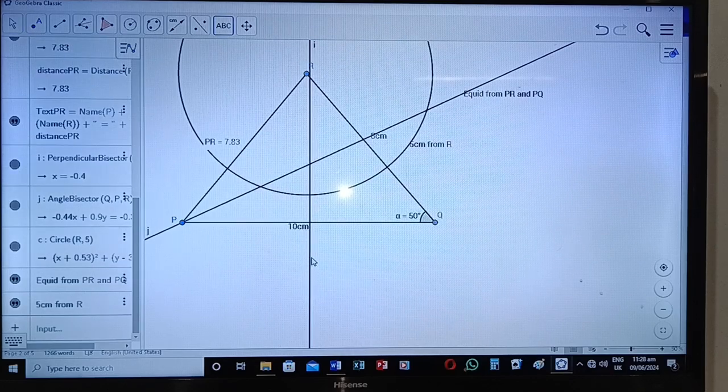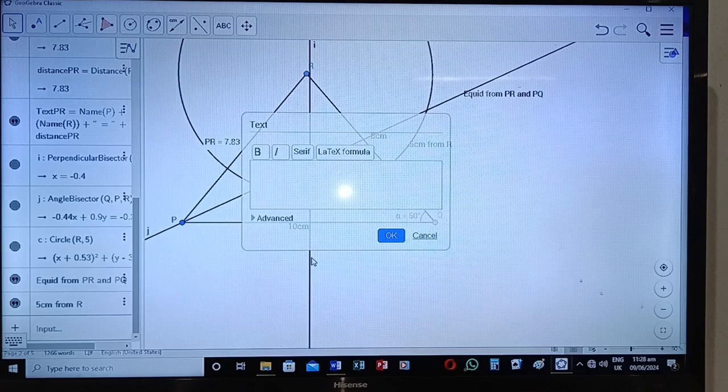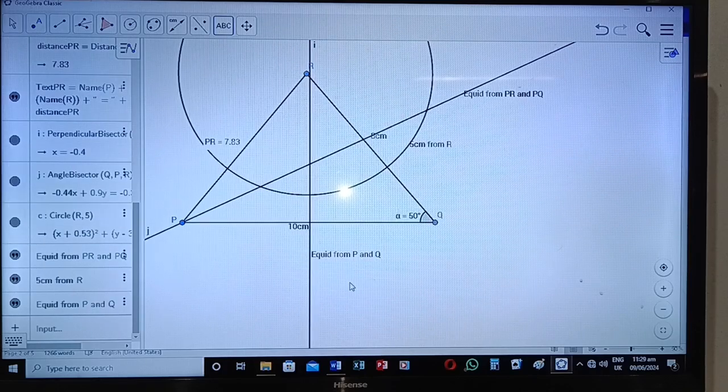And this one is equidistant from P and Q. Okay, so we have the loci, all of them in.